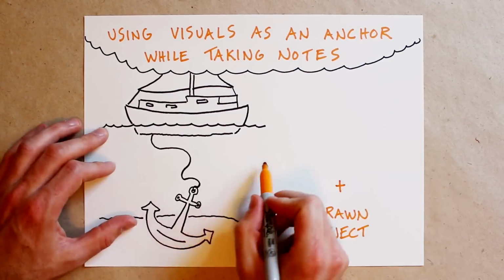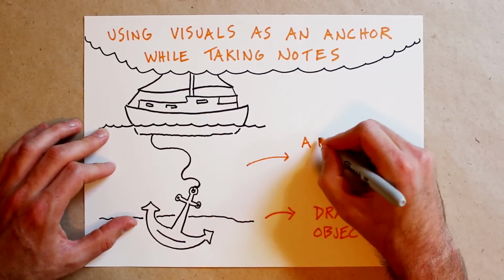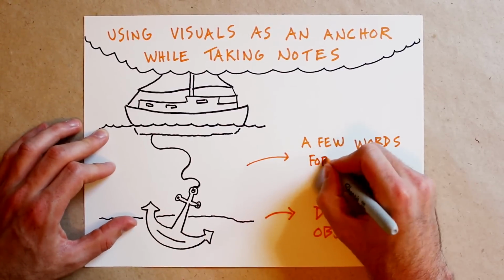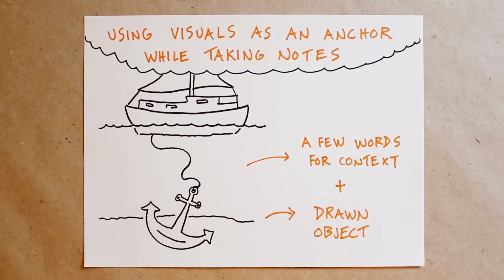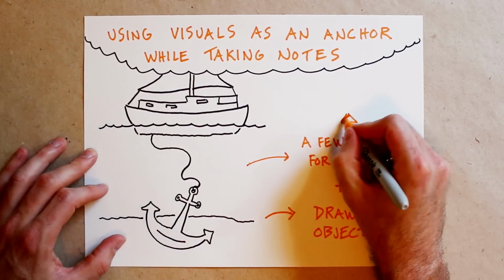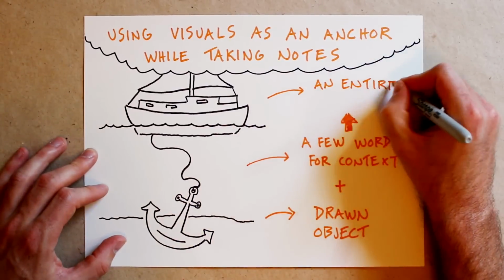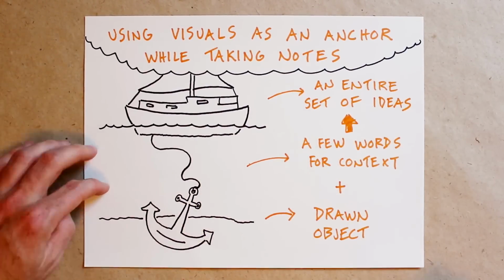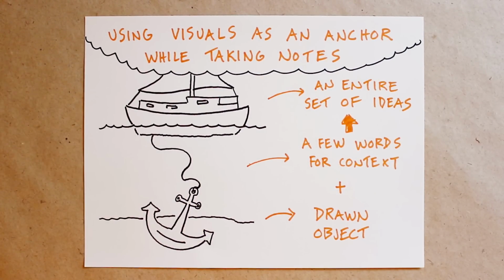When you add to that single drawn object a few additional words for context, that becomes the link to the entire set of ideas that that object represents. And even though I've drawn multiple objects here, an anchor plus the tether that makes it to the entire ship, when you're taking visual notes, you really only need a single object.